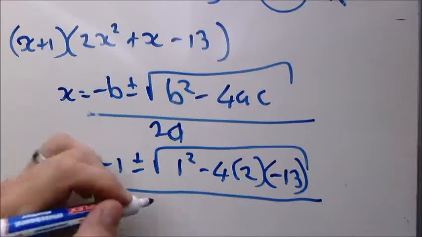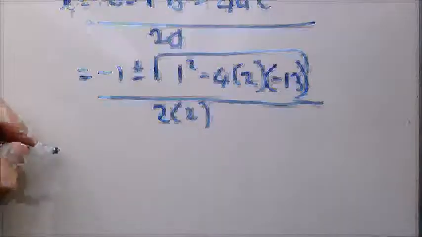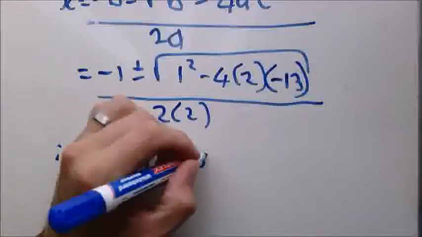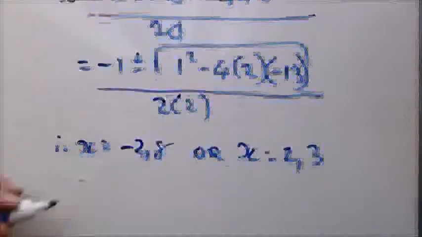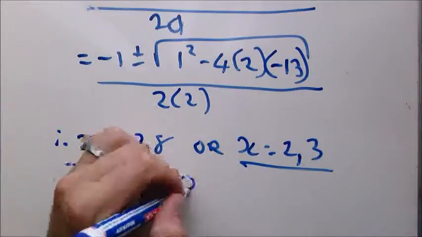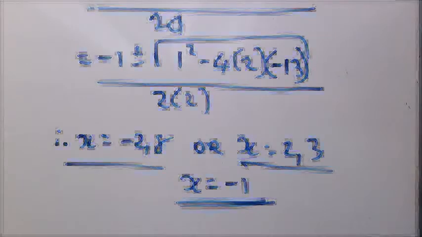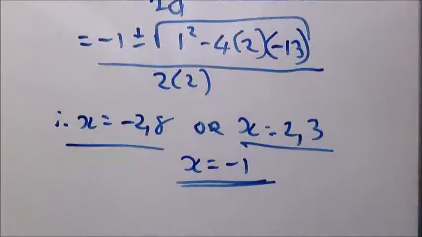Remember the negative, and a is 2. And if you do this calculation, you'll see that x is negative 2.8, or x is equal to 2.3. So here we have our 3 x-intercepts. There we go. So we've got our y-intercept and our x-intercepts.